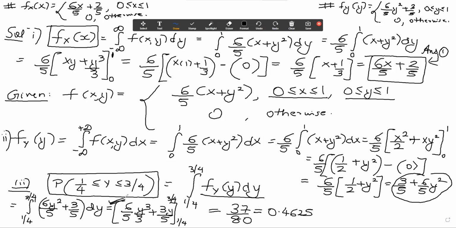So you will get 37/80, which is 0.4625. So this is our answer for the entire question. First part was asking you the marginal PDF of X. Second part was asking you the marginal PDF of Y. Third part was asking you to specifically integrate the marginal PDF of Y from 1/4 to 3/4.